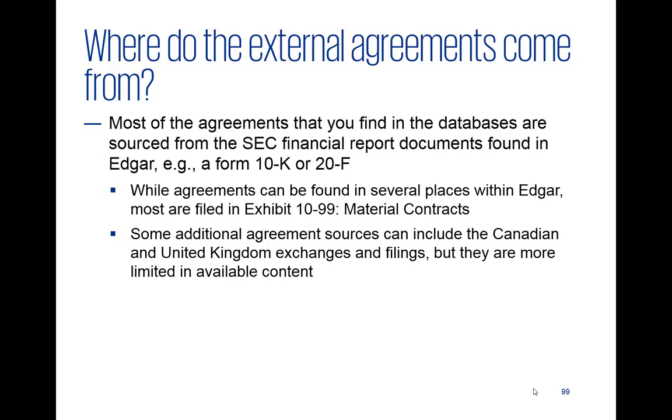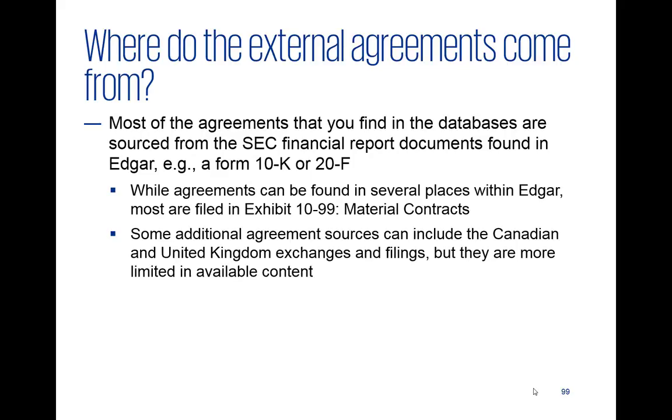So, in general, most of the data that you'll find in the databases comes from SEC, the Securities and Exchange Commission filings that companies have filed as part of their Form 10-K or 20-F forms. And the agreements are found in several places within there, but they are primarily filed as Exhibit 10, material contracts.